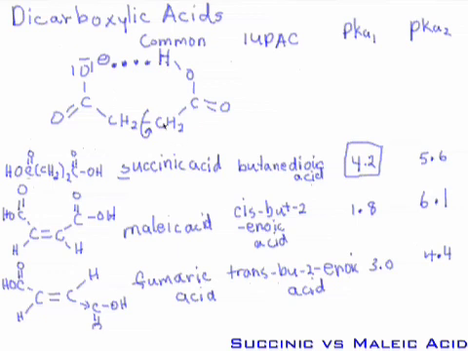Now let's change this scenario. Let's remove 2 hydrogens and put in a pi bond. Pi bonds result in hindered rotation. This hindered rotation locks the OH group into this position where it could interact with the CO2 minus, leading to hydrogen bonding, which stabilizes it.